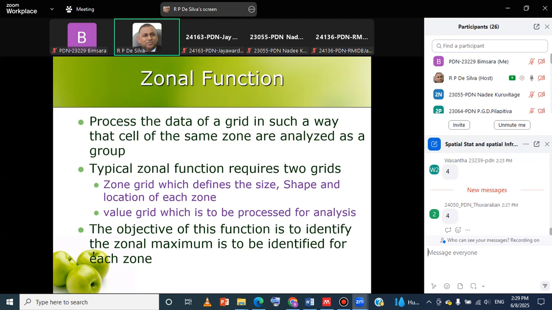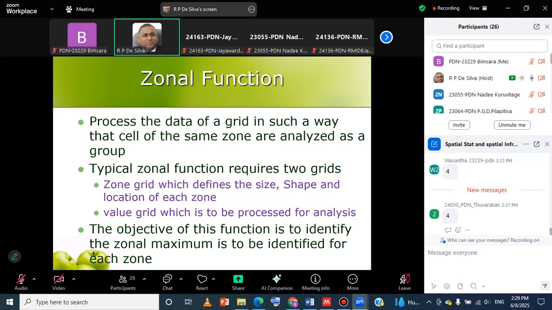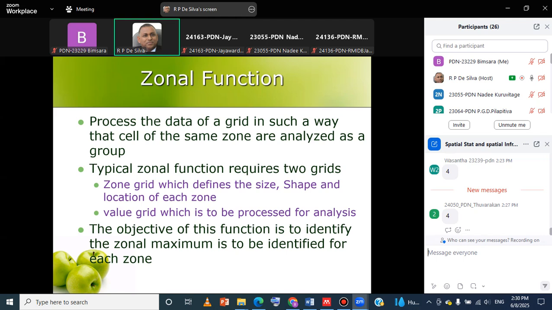In the first one, we process individual cells without looking at any of the neighborhood. In the second one, focal functions, we look at the immediate neighborhood, 4 cell connectivity or 8 cell connectivity. A neighbor is at the adjoining cell. But zonal function doesn't look at whether it is adjoining or not. It looks at whether it is the same zone.